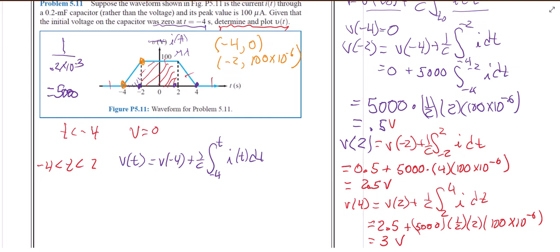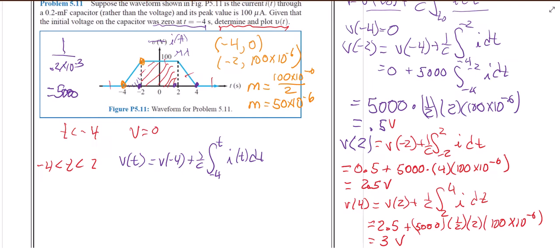It's just a line, so it has a slope. A slope is rise over run. So it goes up by 100 times 10 to the -6 as it goes over by 2. Or our slope is 50 times 10 to the -6.